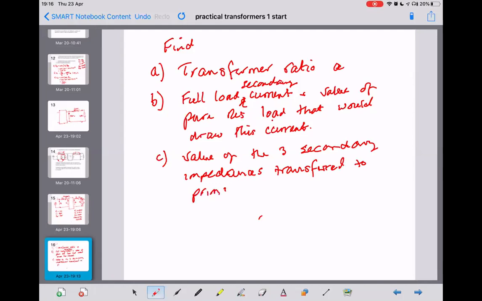So what we need to do this analysis is transfer the impedances from the secondary side to the primary side, like we did in the example before the Easter break.